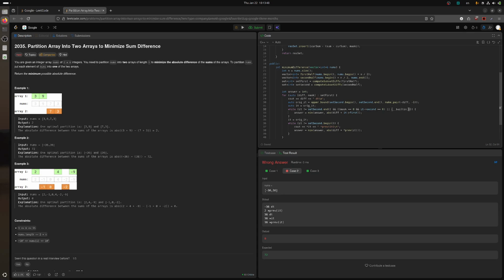Built-in pop count of mask is equal to first half size and built-in pop count of it second is equal to second half size. This is the most disgusting garbage of all time, but who cares?